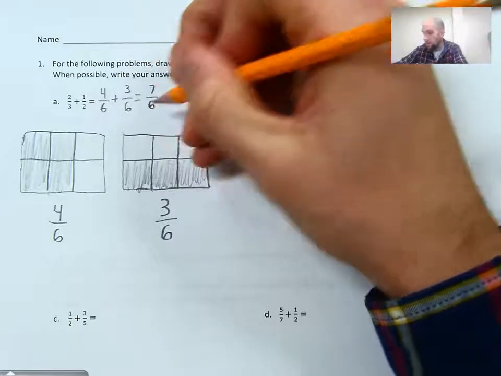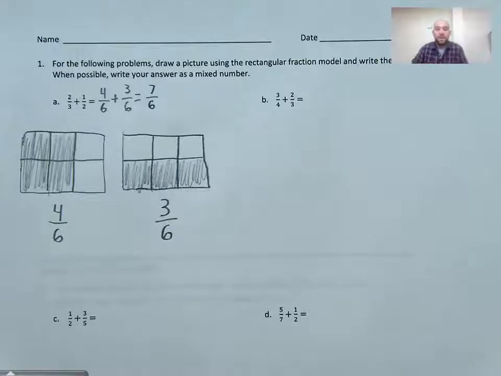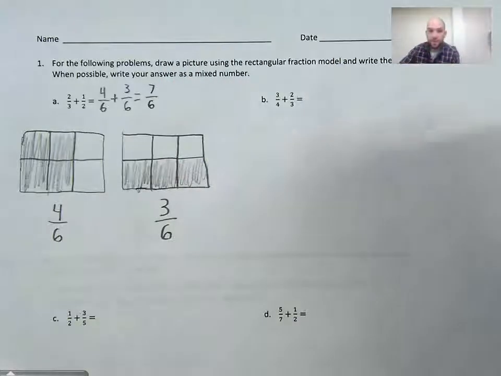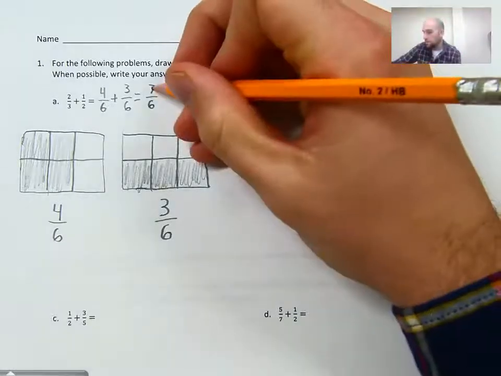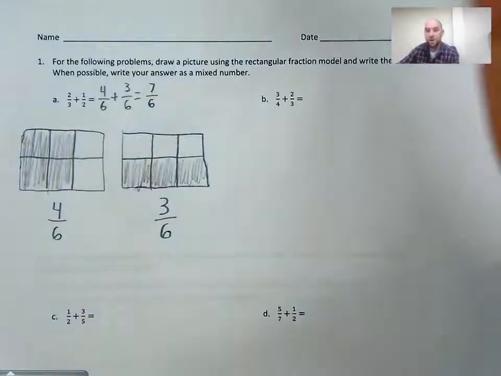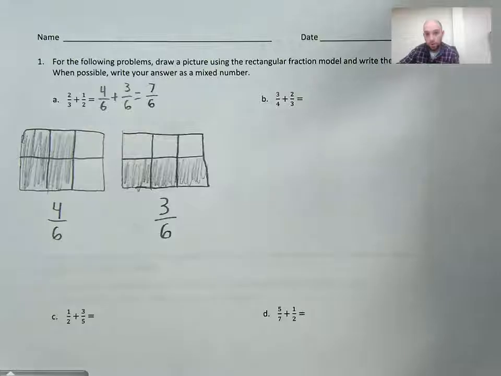So this is what we were talking about. We're going to have a fraction where the top number, that numerator, is larger than the denominator, that bottom number. So we're not going to leave it like 7/6. We're going to take 1 whole out. 6 sixths we know is the same as 1 whole.